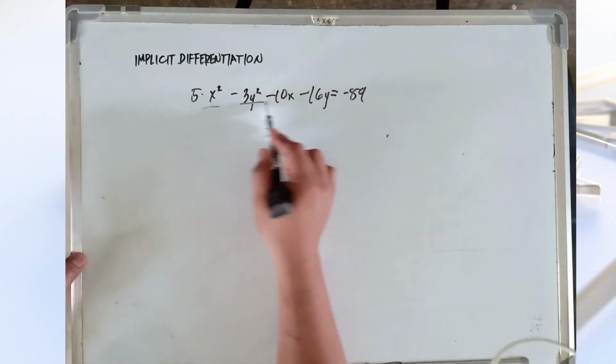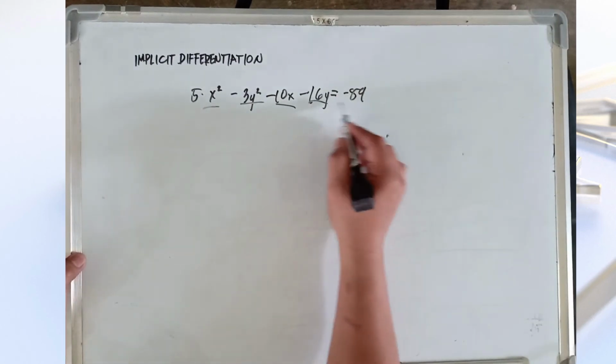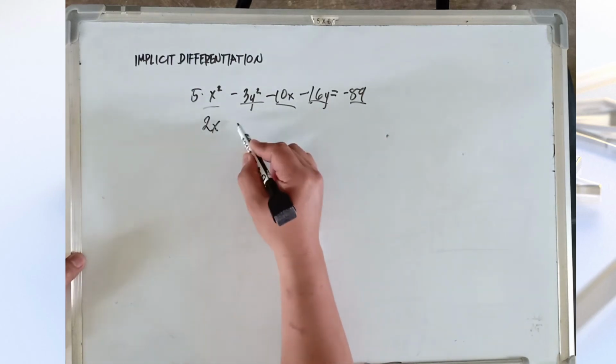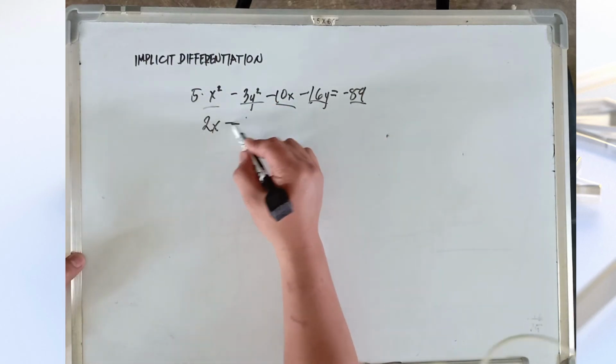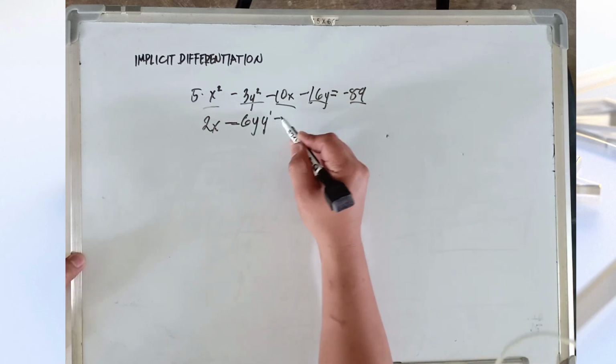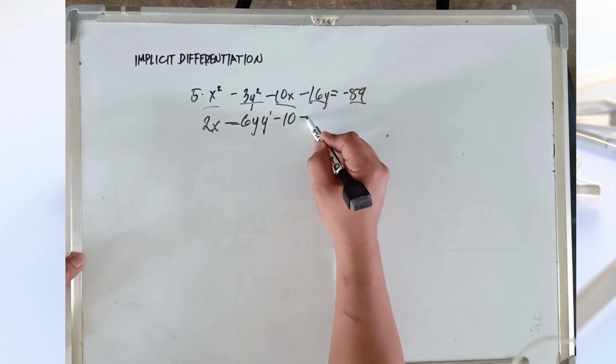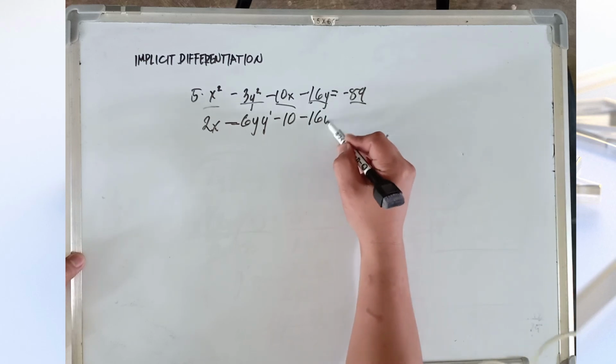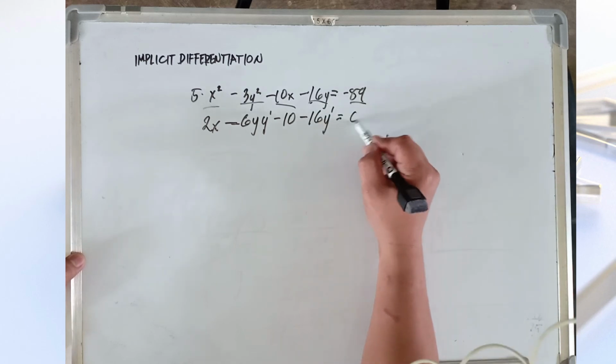So let's find the derivative of each term. So we have 2x minus 6y, y prime, minus 10 minus 16 y prime is equal to 0.